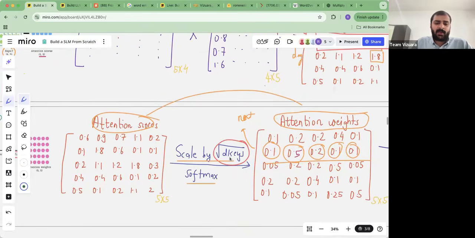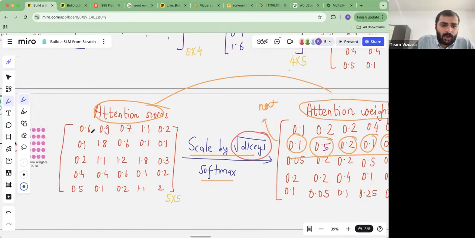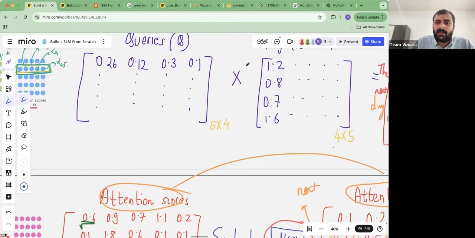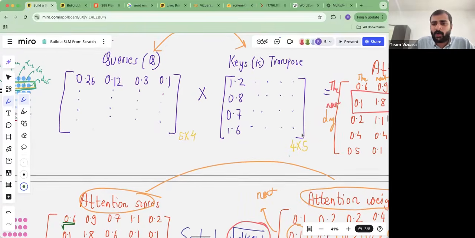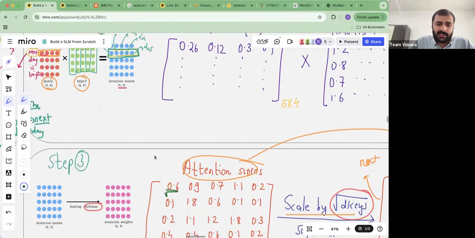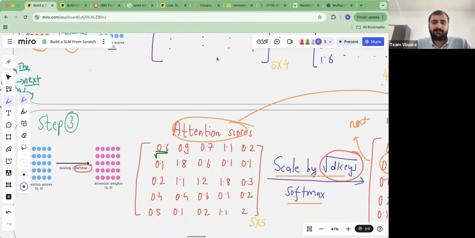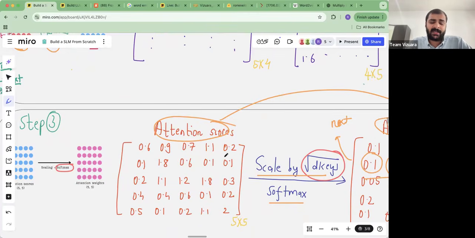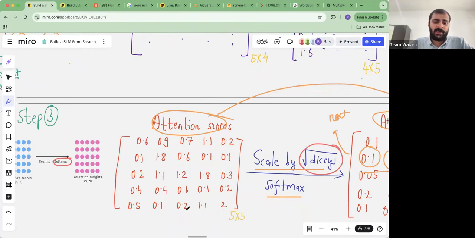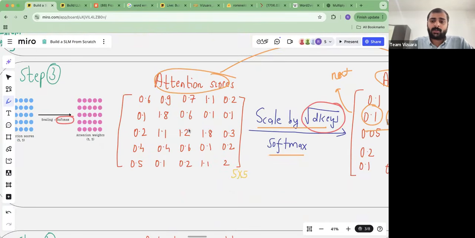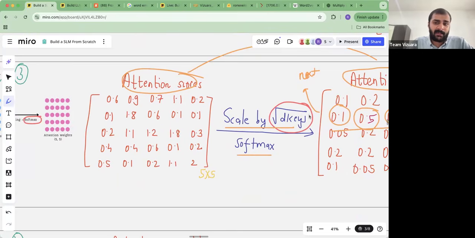So if you scale by the square root of this, it just means you divide all of these values with the square root of the keys dimension, which means the number of columns in the keys matrix. And that makes sure that training becomes stable. So it makes sure that the variance of the attention scores matrix always lies close to 1. And during back propagation, it does not lead to any weird issues for us. So that's scale by the square root of the keys dimension.